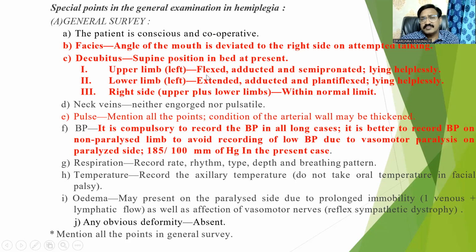For example, in the supine position in bed, the upper limb may be flexed, adducted, and semi-pronated, and the lower limb will be extended, adducted, and plantar flexed.